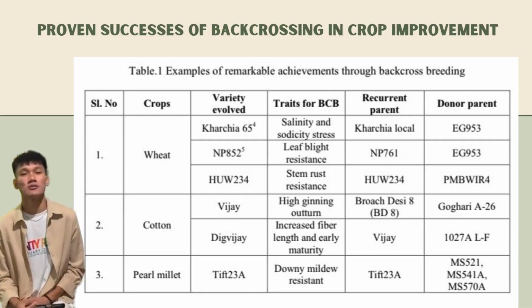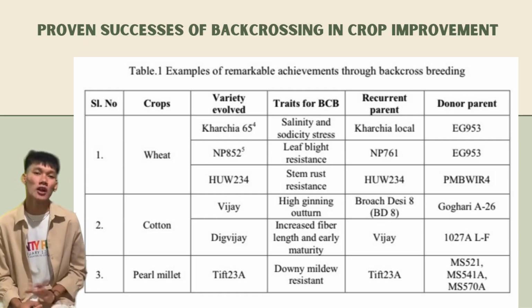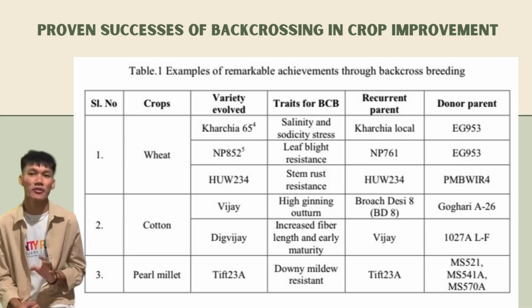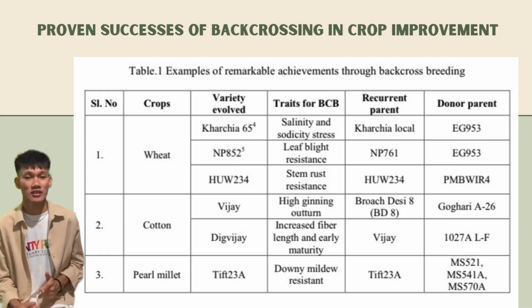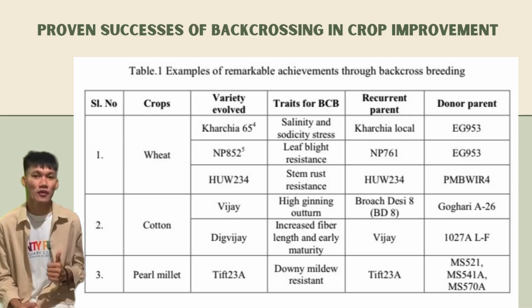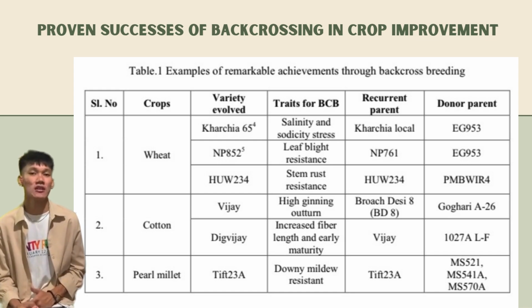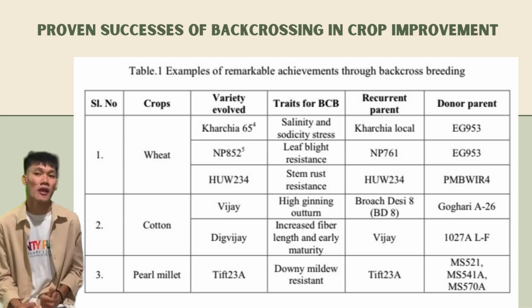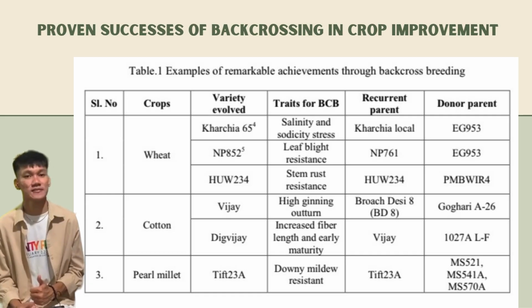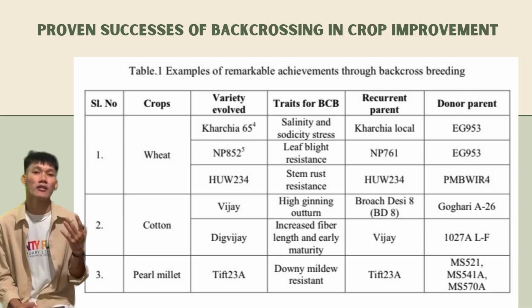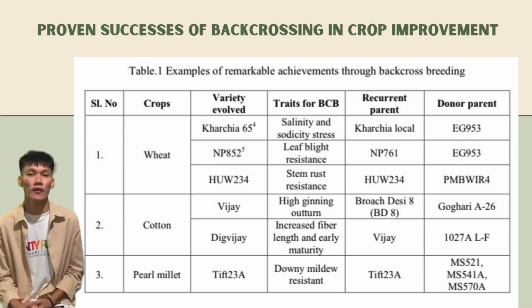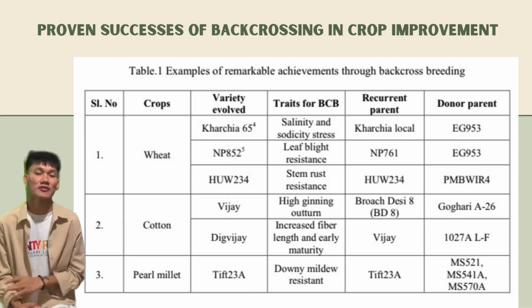For crops, there are three examples: wheat, cotton, and pearl millet. Then the variety evolved is the new variety that has been developed through backcross. The traits for BCB are what has been improved.